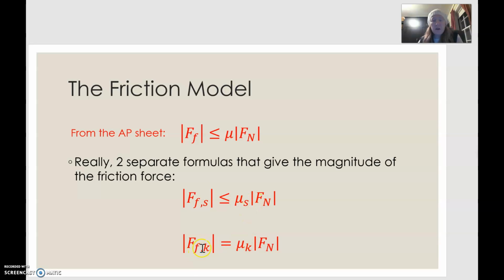And then if it's a kinetic force of friction, then it's not an inequality. It is an equal sign here. And that's a different mu value for those two surfaces, and it's always less than the static mu value. So scientists have studied all different kinds of surfaces, and every time a new solid surface would be invented, I suppose you could go do an experiment and find out what the mu value is for that surface when it rubs on another one.